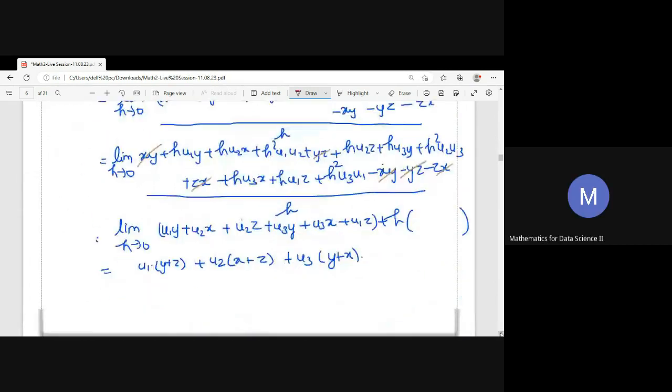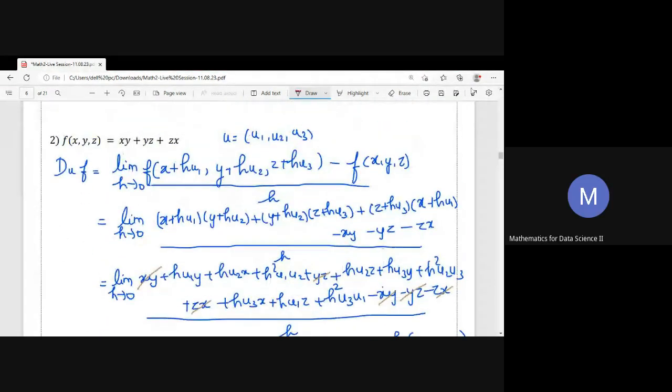Now what is your function? This is your function. What is your fx? y plus z. And fy? z plus x. And fz is x plus y.